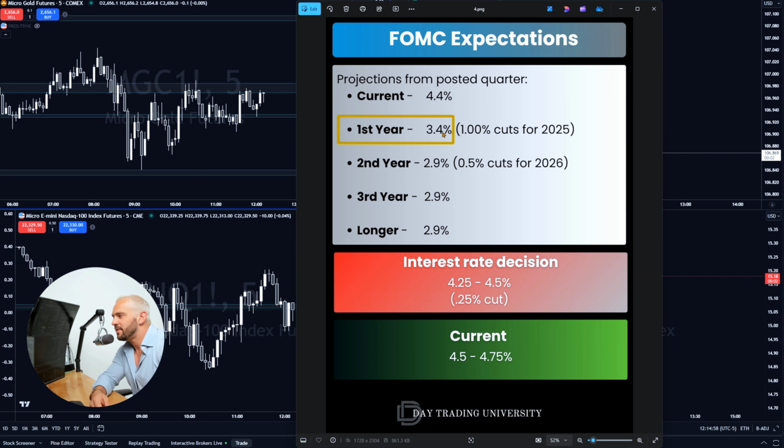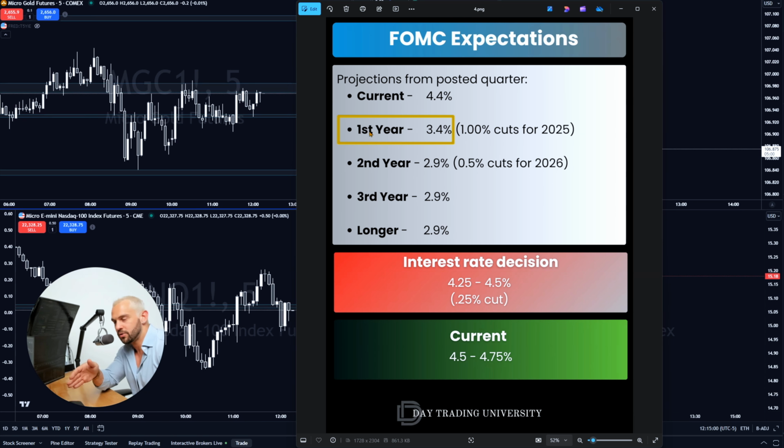So what does that mean? That means by the end of Q4 2025, they're expecting 100 basis points worth of rate cuts, so 1.0%. You see that? We're currently at 4.4 and then 3.4. So that means in the next 12 months, we'll be down 1% in interest rates. This is market expectations. This isn't gospel, right? This isn't going to be guaranteed.